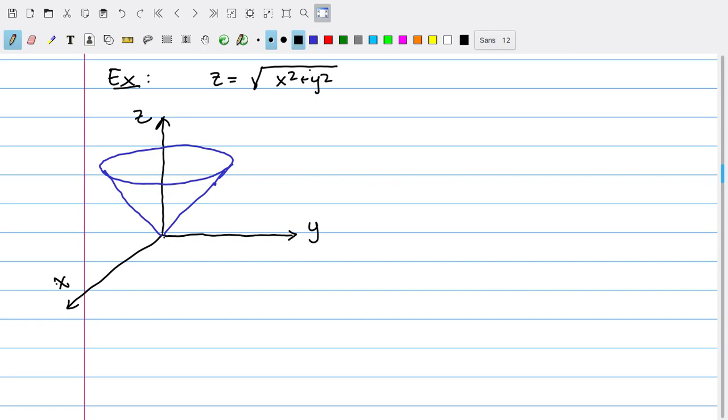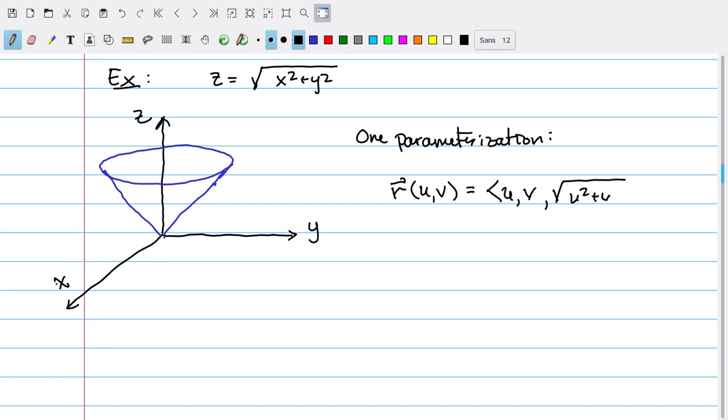And there are a couple different ways to parameterize this. One feasible parameterization is just to take r of u and v, and let x be u and y be v. So it's the most obvious parameterization in the world, and then in order to get my surface, I'm going to have to let z be the square root of u squared plus v squared.